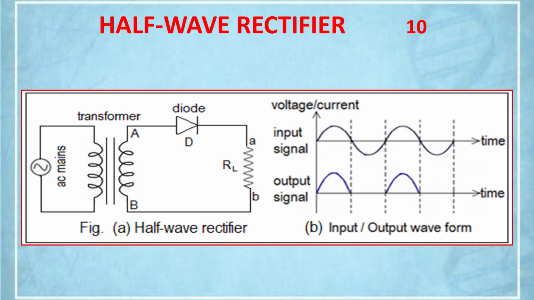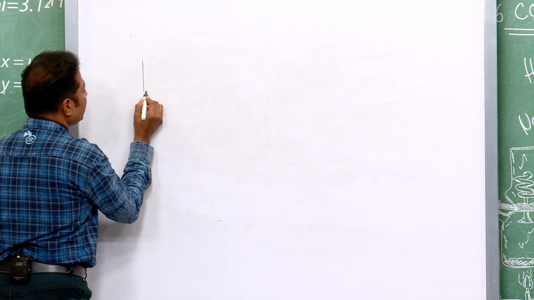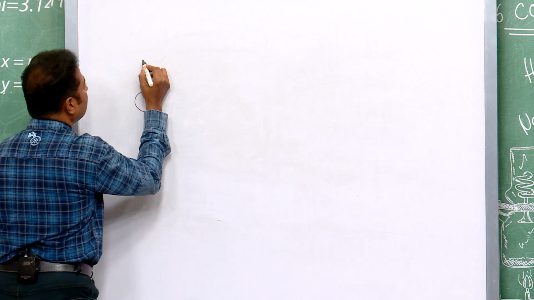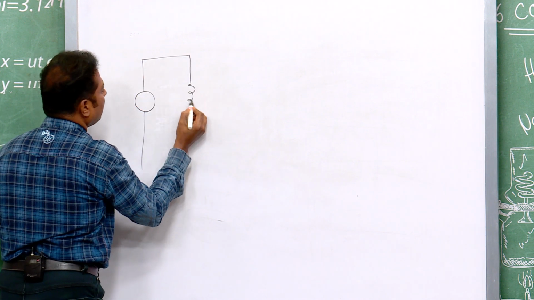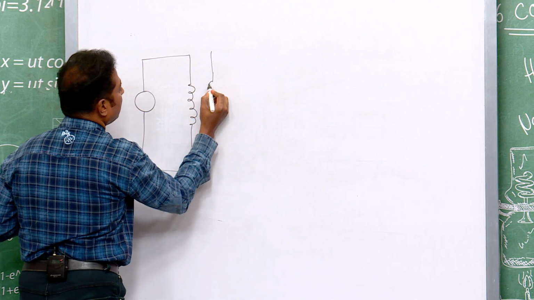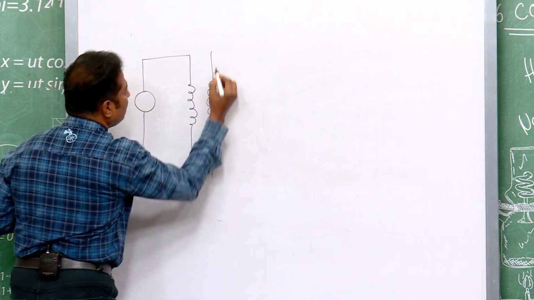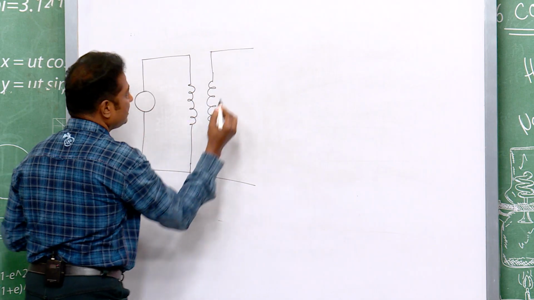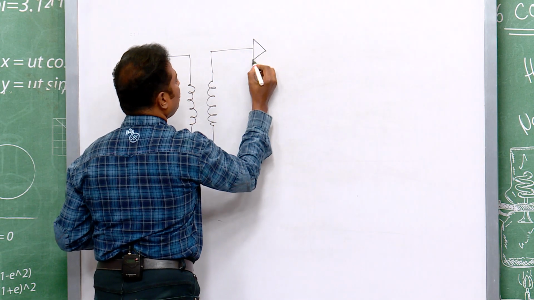So, let me draw the circuit. Same, you have the transformer to step down the voltage, and you have 2 diodes here.